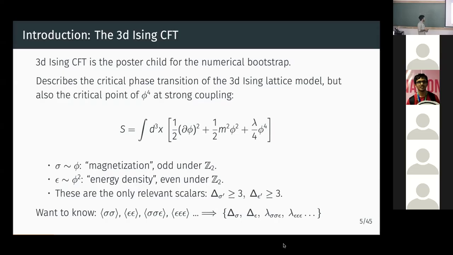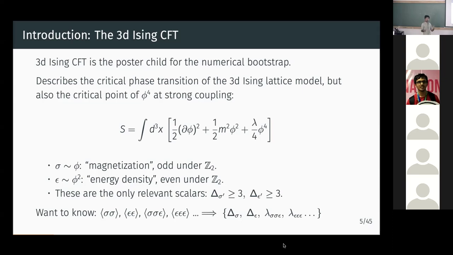The main things I want to point out here are that there's an operator that we call sigma, which corresponds to the magnetization in the Ising lattice model picture, which is odd under a Z2 symmetry that this theory enjoys. So phi goes to minus phi, and clearly sigma, which is identified with phi, is odd. And then we have epsilon, which corresponds to phi squared, or the energy density, which is even under Z2.